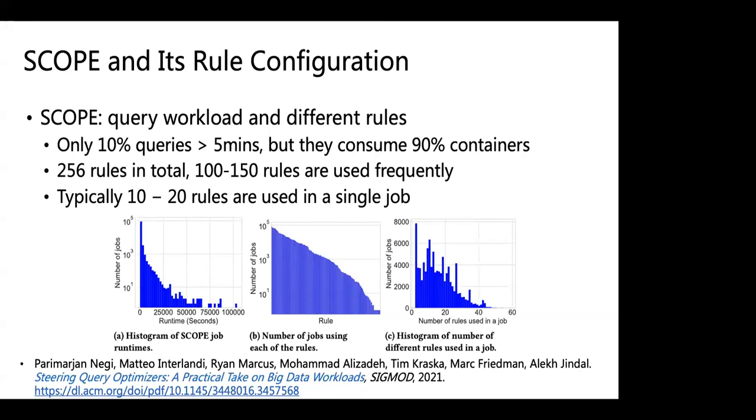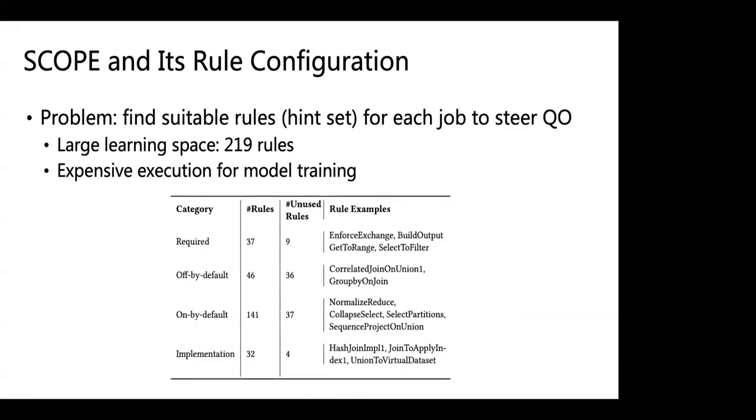So we need to learn how to tune these rules. This space is very large, since we may need to tune more than 200 rules, and execution is very expensive. So we need to solve this problem: how to find suitable rules or hint sets for each job to steer SCOPE's query optimizer.